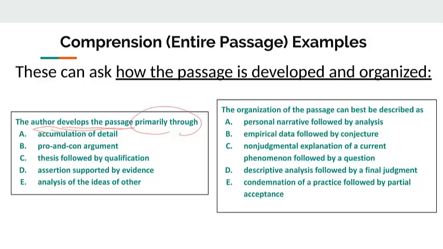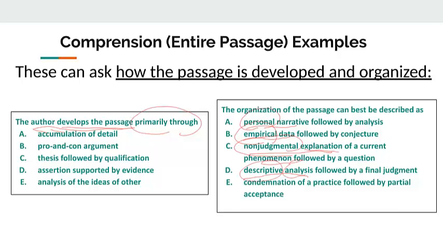And notice here in this question how you have this adjective, right? It's not just narrative, but the option is personal narrative. It's not just data, but it's empirical data, not just explanation, but non-judgmental explanation, not just analysis, but descriptive analysis.